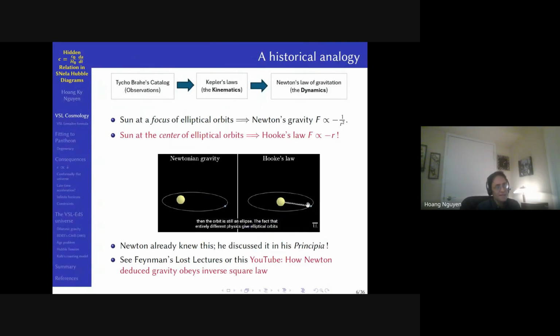But if the sun stays at the center of the ellipse, then it is another story. The law now is Hooke's law. Now the force is proportional to r instead of 1 over r squared. Right? So the key thing is that you have the same elliptical orbits, but just by shifting the location of the sun, you have an entirely different dynamics for gravity.